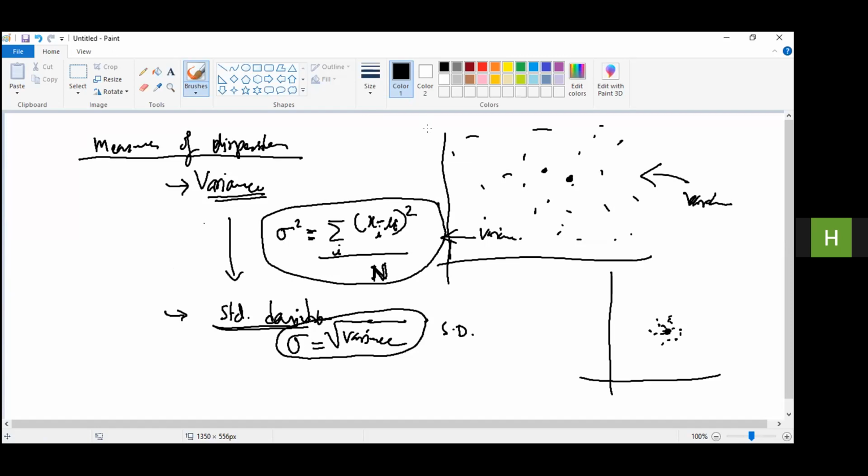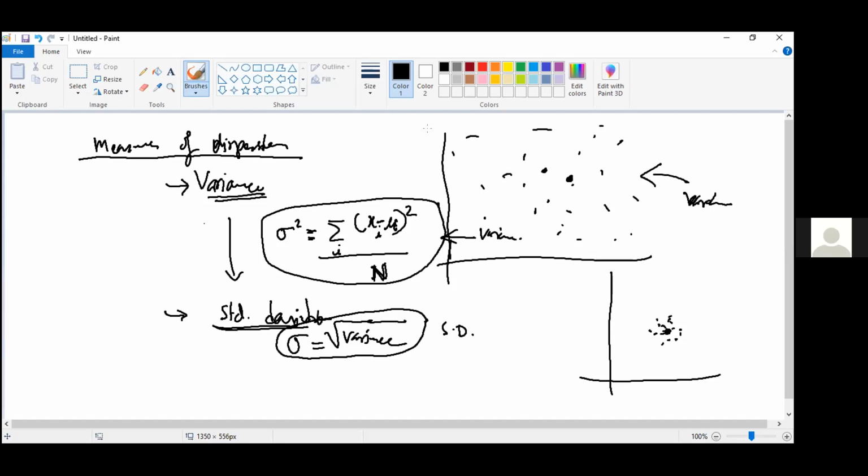And can we say we need standard deviation because we need to compare the deviation of the different data from the mean?